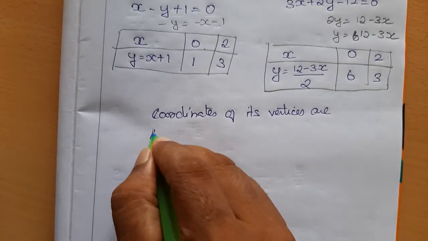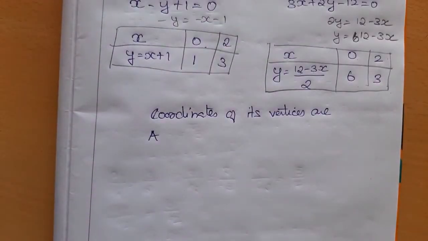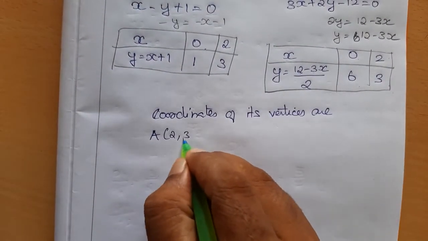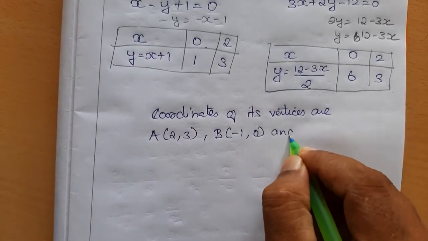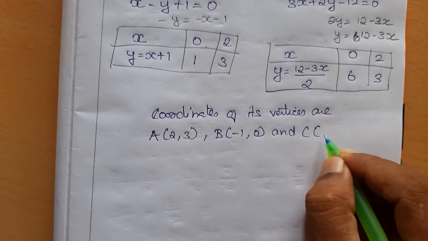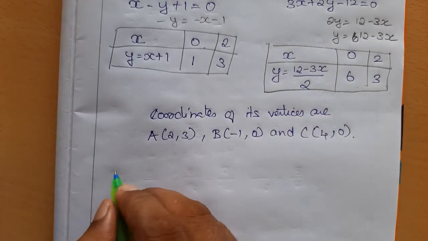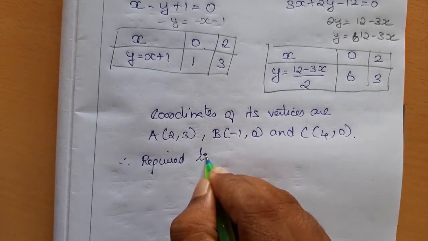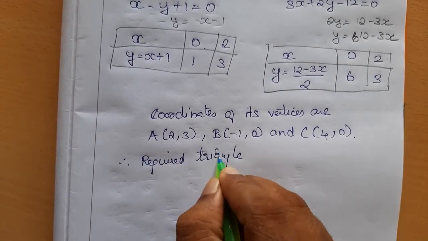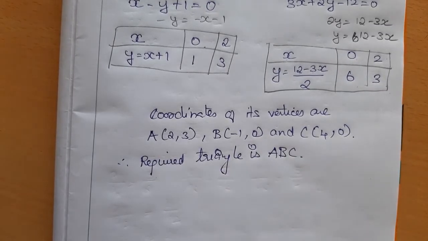A is 2 comma 3, B is minus 1 comma 0, and C is 4 comma 0. Therefore the required triangle is ABC. Thank you.